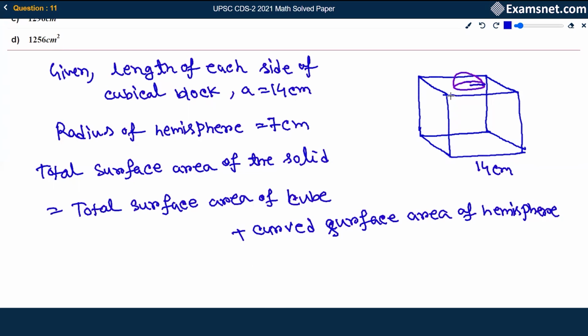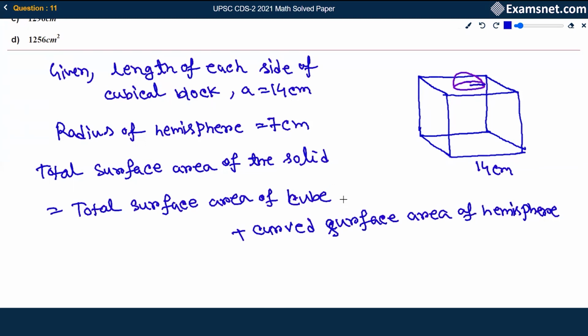Now look, here we have already taken total surface area, right? That means already this portion, the common surface area for the hemisphere base and the cubical block, has already been calculated once, okay?